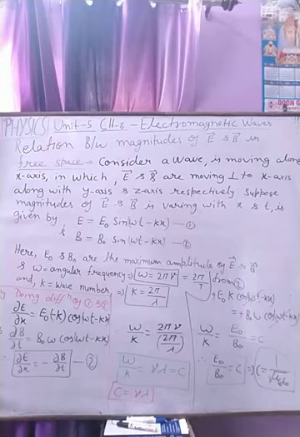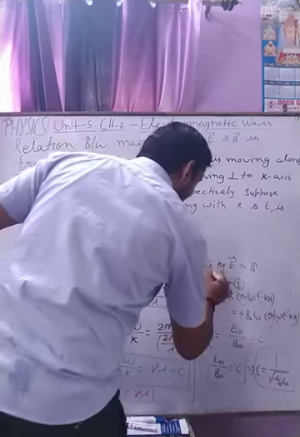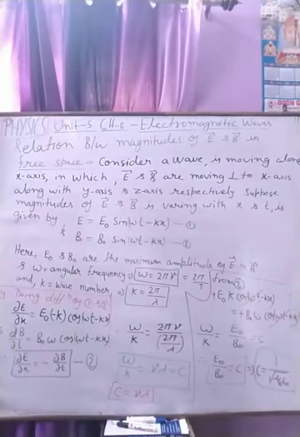Okay, this is all about the relation between electric field and magnetic field vector and angular frequency and angular wave number or wave number.